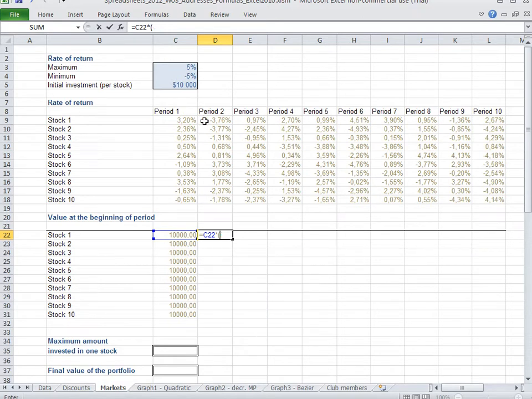So what we want to do is make it rise: 1 plus 3.2%. So the stock price rises by 3.2%. So equals C22 times parentheses 1 plus C9.